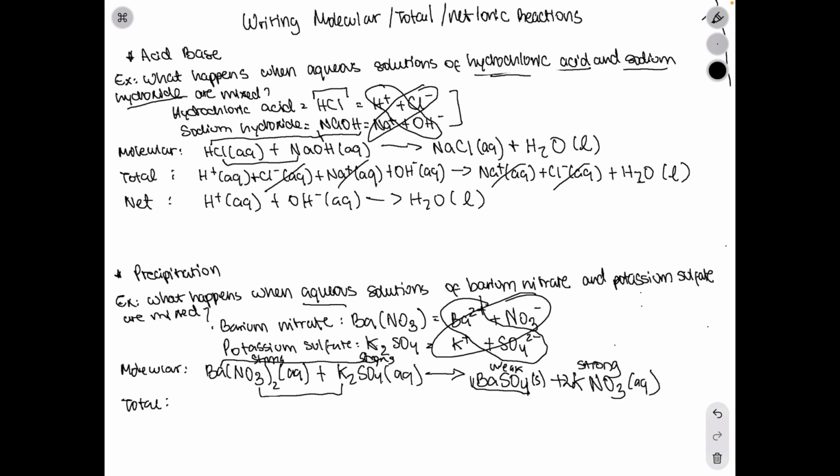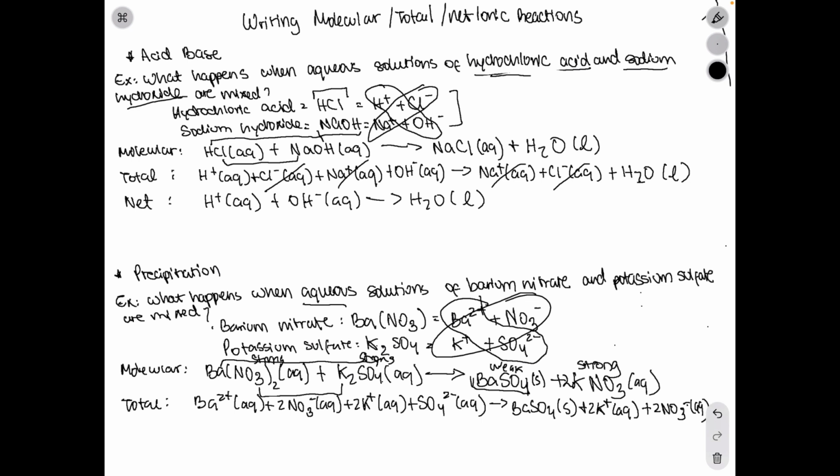So it's going to be Ba2+ aqueous plus 2NO3- aqueous, plus 2K+ aqueous plus SO4 2- aqueous, and then this one stays the same, and then plus 2K+ aqueous plus 2NO3- aqueous. Okay, I think that's right.